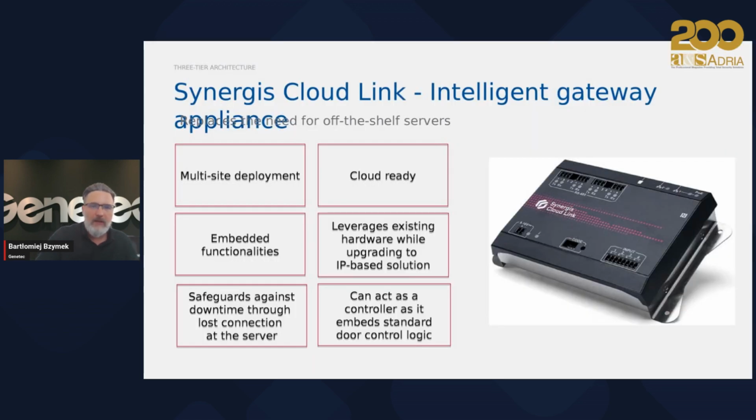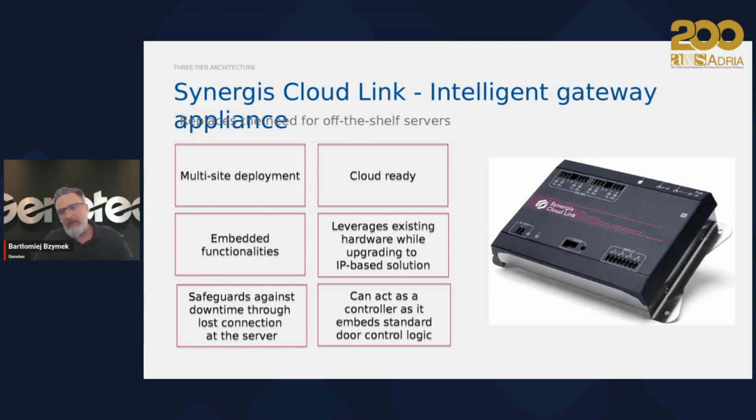And this brings us to the point where we can introduce one piece of hardware which we created, which is Synergis Cloud Link, which allows us to set up access control on multi-site deployments. It's cloud ready. It has embedded functionalities and leverages existing hardware while upgrading to an IP-based solution. So you can go from, for example, Mercury panels using RS communication to an IP solution connecting to your access management software.